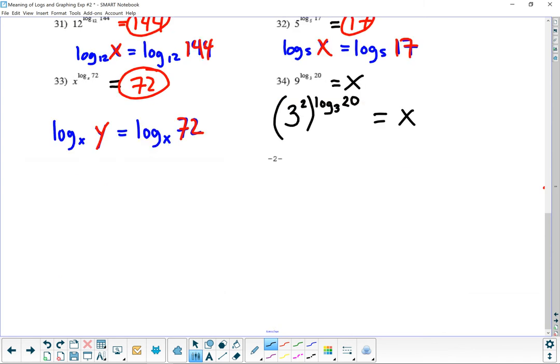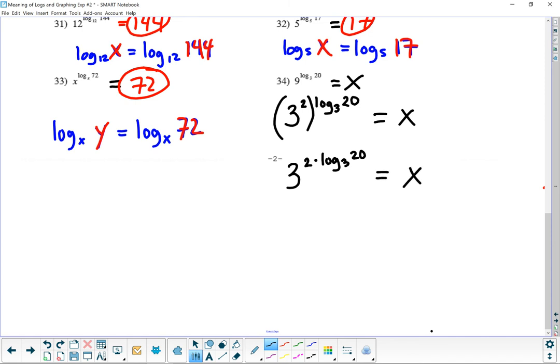So that's what I want to do for this last part. Okay, I'm going to scroll down for a second. And we know with the exponent that if you have an exponent to an exponent, then that means that you can rewrite it as 3 to the 2 times log base 3 of 20 equals x. Okay.